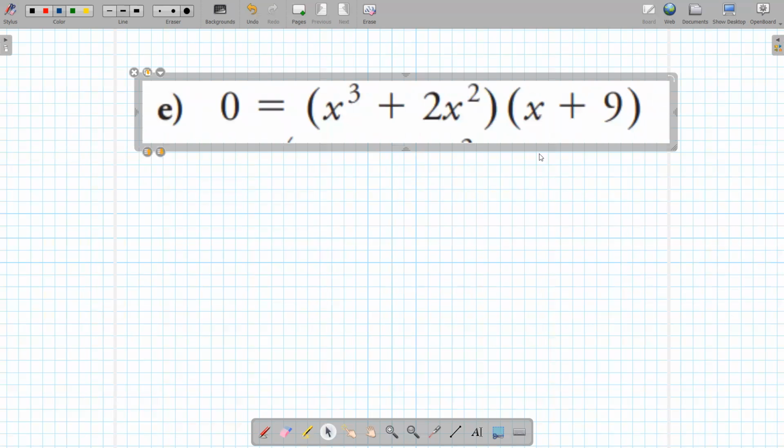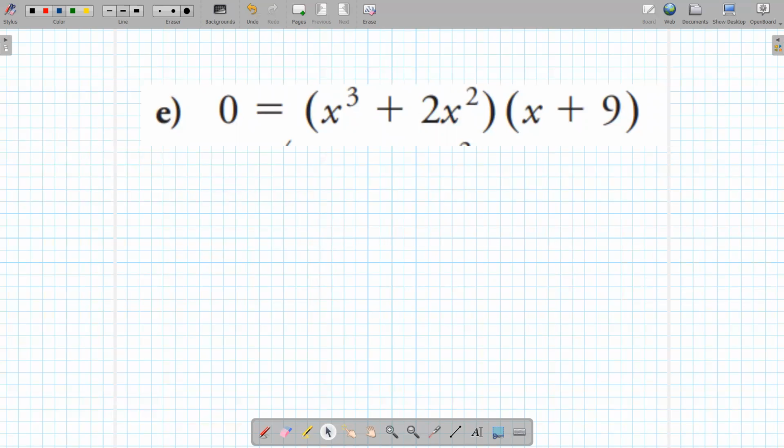What's the degree of this entire thing? Degree 6? Nope. Oh, degree 3? Nope. 6 is out, 3 is out. So degree is going to be the biggest power, right?